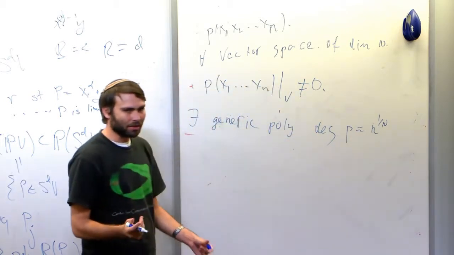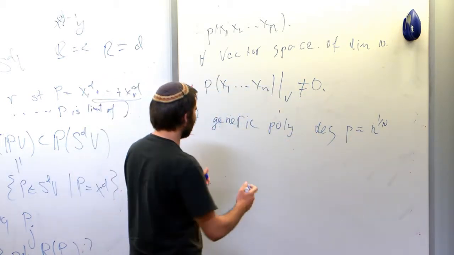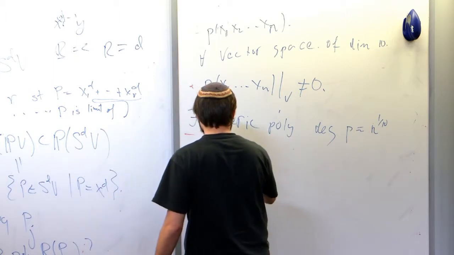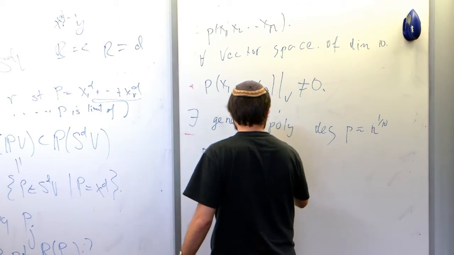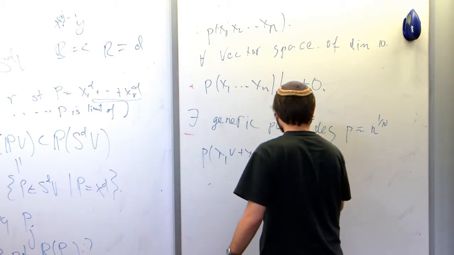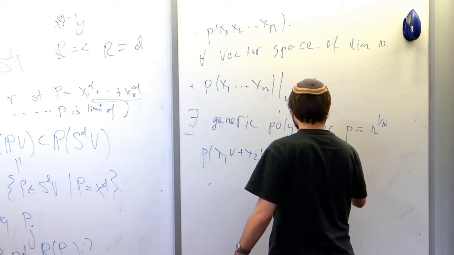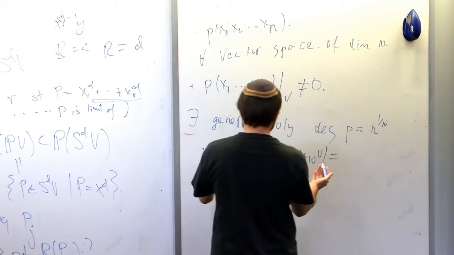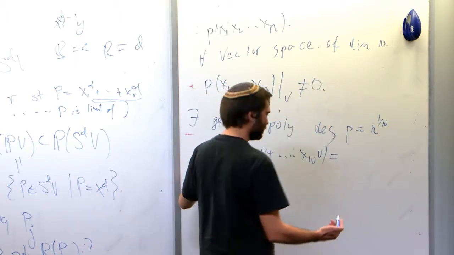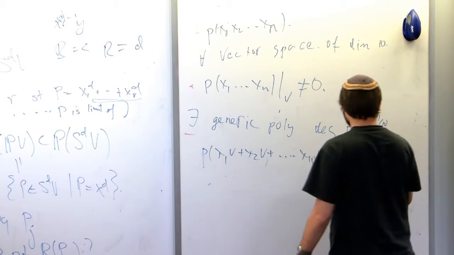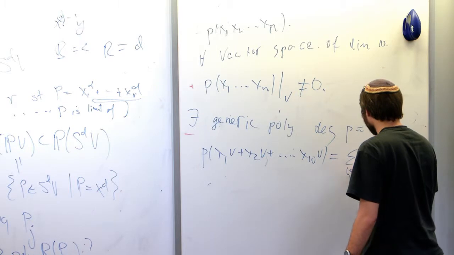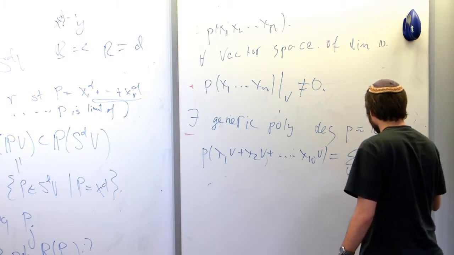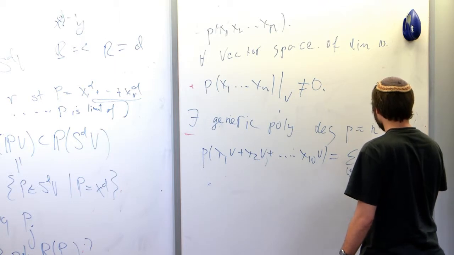And the reason why we need such degrees is that if you look at P of lambda 1 V1 plus lambda 2 V2 up to lambda 10 V10, you expand it as a polynomial in the lambdas, and you get a sum over i1 plus i2 plus ... plus i10 equal to d of polynomials P_i times lambda to the power i.